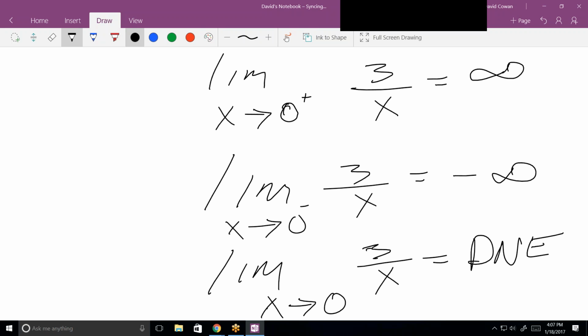But the only reason it does not exist is because the limit's different from the left side than it is the right side. First of all, do you see why the limit from the right side is positive infinity? Yeah. And the left side is negative infinity. Mm-hmm. If those two numbers are different, then the limit does not exist regardless of anything else. Okay? That makes sense. All right.